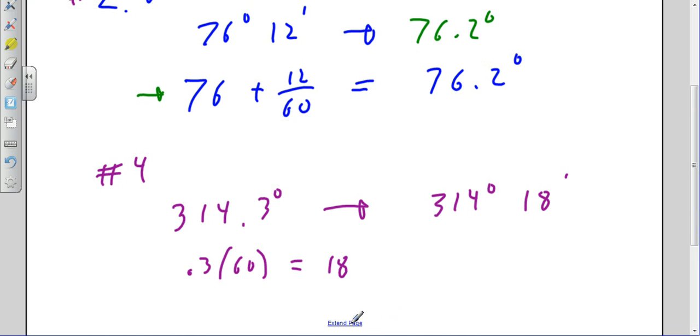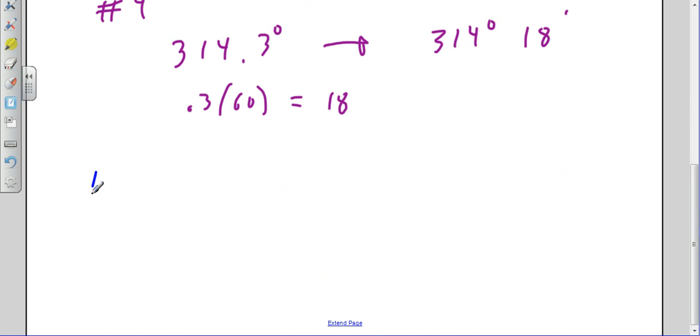And we'll do the same thing with number 6. Number 6, we have 38.405 degrees, and we want degrees, minutes, seconds. So we'll write down 38 degrees.